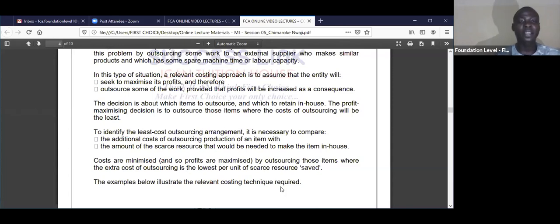The second one now is you compare with the amount of scarce resource that will be needed to make the item in-house. So costs are minimized by outsourcing those items where the extra cost of outsourcing is the lowest per unit of scarce resources saved. We're going to look at some examples to illustrate what we've just mentioned here.